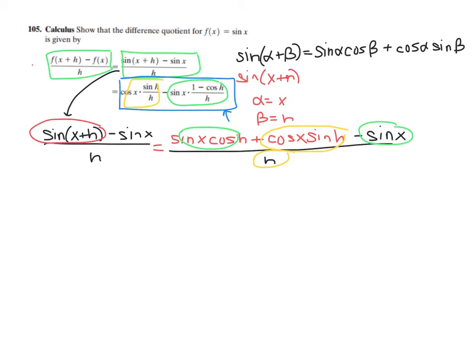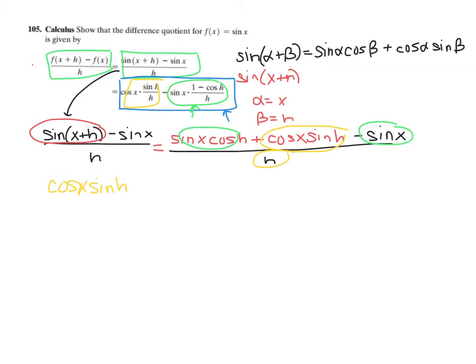So I'm going to go ahead and rewrite this. The first part of it, I'm just going to rewrite so that my cosine of x, sine of h is first. The second part of it, I'm going to take these things in green and factor out a sine, because I can see that this thing that I have right here in green has a sine in front of a fraction.